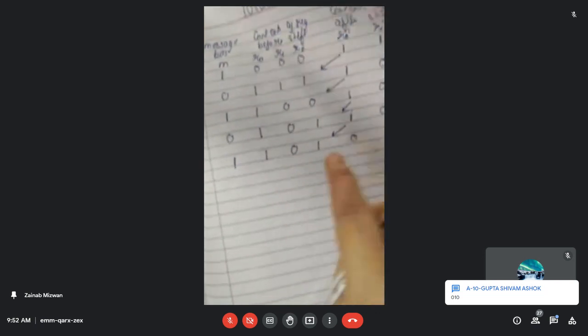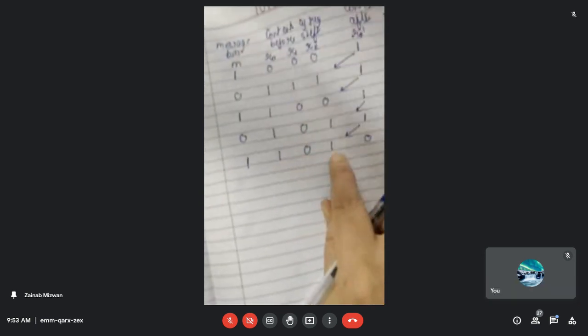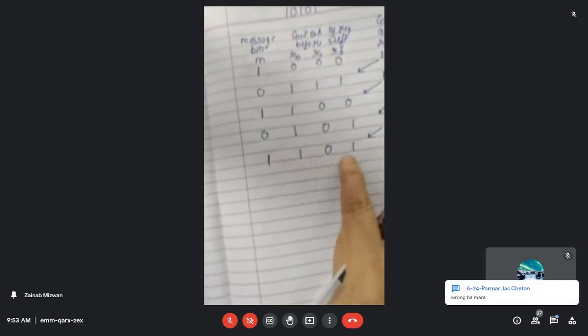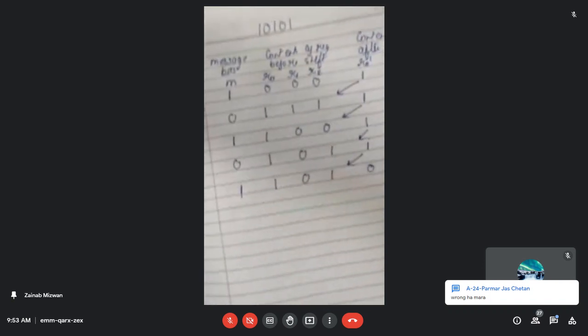R2 dash is nothing but your R0 XOR, R1 XOR with the R2. So 0 XOR 1, 1, and then 1 XOR 1, it will turn out to be 0.